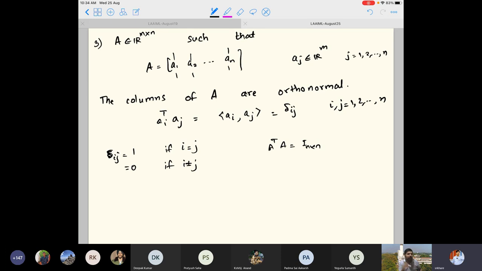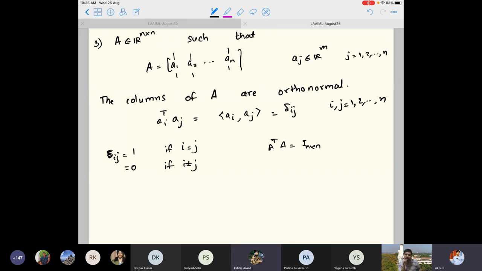How does the matrix A really look? Is it wide, square, or tall? It should be tall. Why can it not be wide?